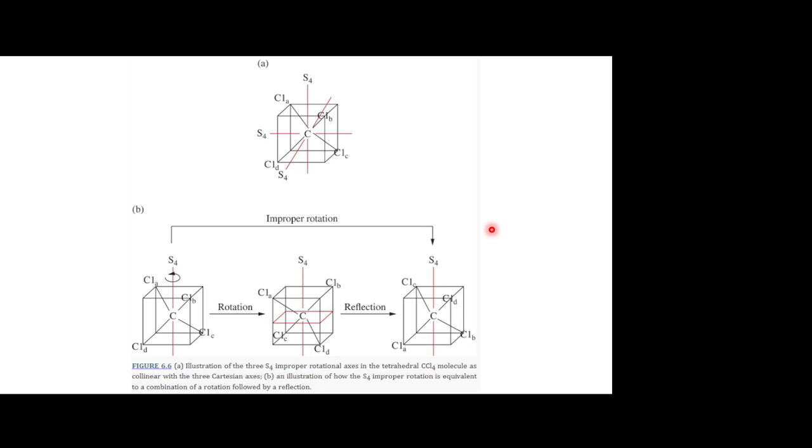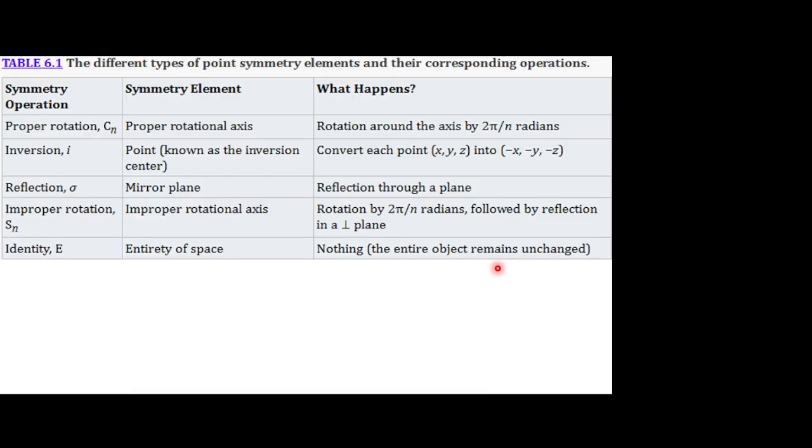Something that should take you like 3 hours to do will take you maybe a minute. Okay? But keep in mind, please don't just use that. Actually get some practice with these, because you do need to build up your understanding and ability to model in your head, and that's what this does really nicely. So these are your symmetry operators again. These are the symmetry elements. That's what happens in each of these.